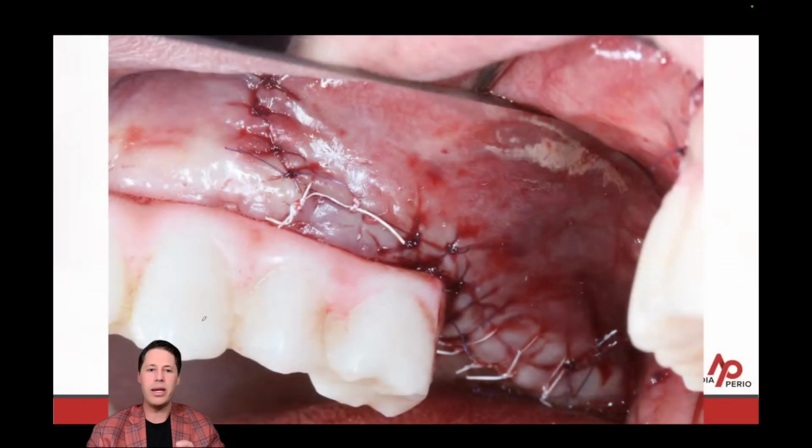And then you can see here good closure using a combination of resorbable and non-resorbable sutures. In this case, I wanted to make sure that the flap was going to stay closed. So mostly we used the resorbable sutures along the verticals and the non-resorbable more on the crestal areas, with good access to remove them relatively easily.